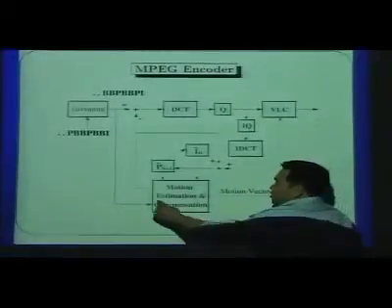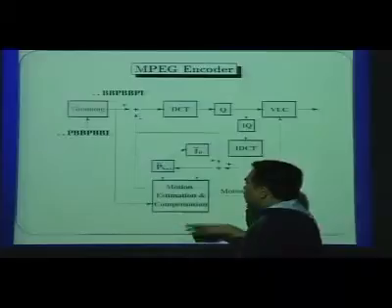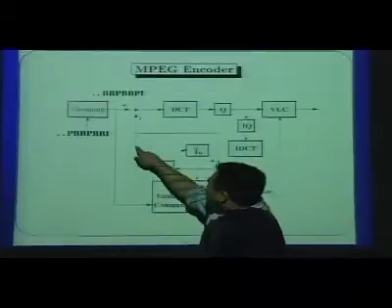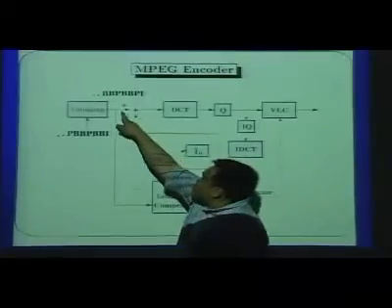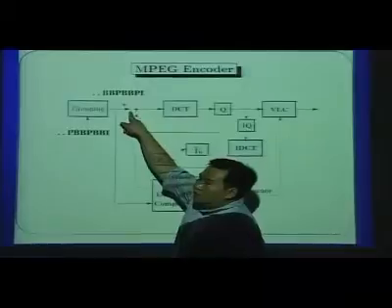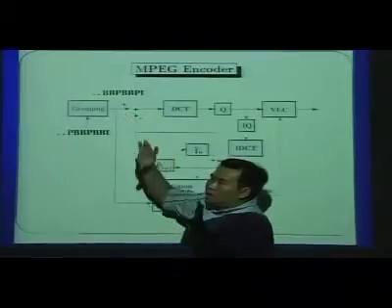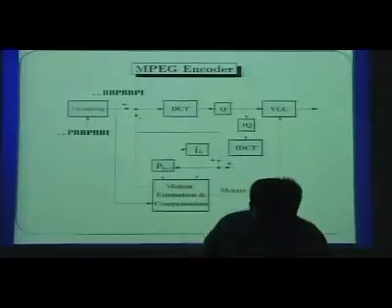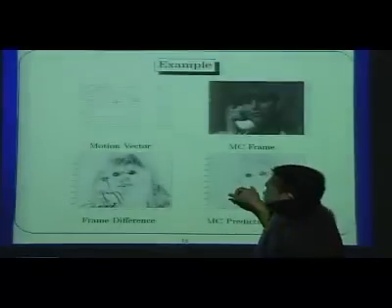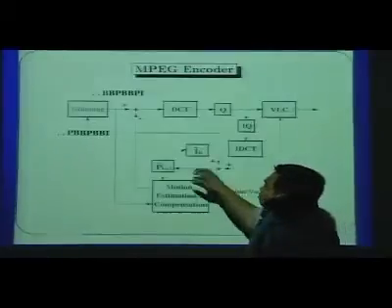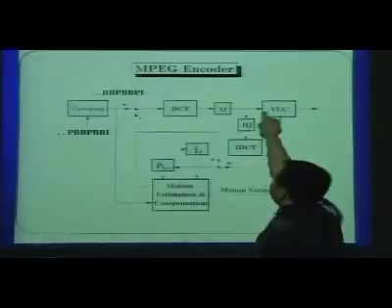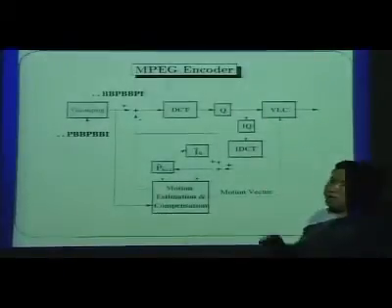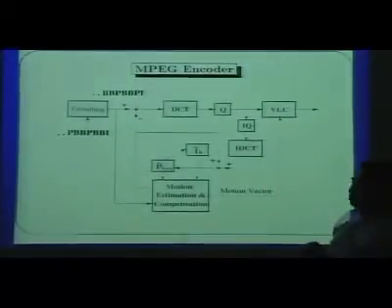And the motion estimation will give a motion compensated frame. When you subtract it, you have an error frame, and the error frame goes through the same process, like a different table for the error frame.